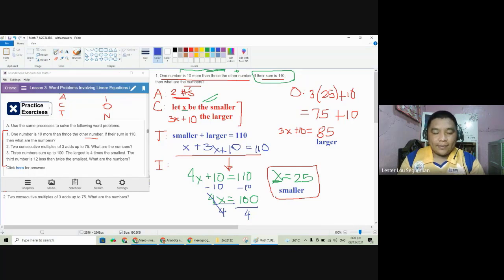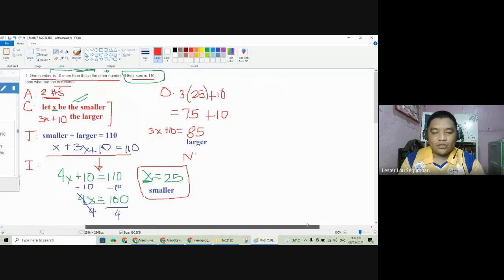To end this process, we need to consider N, neutralizing the situation, meaning meeting both ends, or the other's unique term for checking. So by looking back, let's look at the situation. We are going to use this concept here that their sum should be 110. Let me copy this here. This is the situation earlier: the smaller and the larger should be 110.